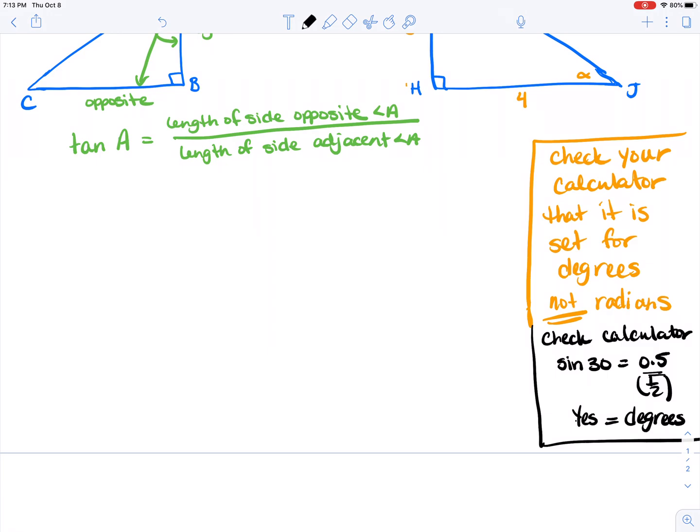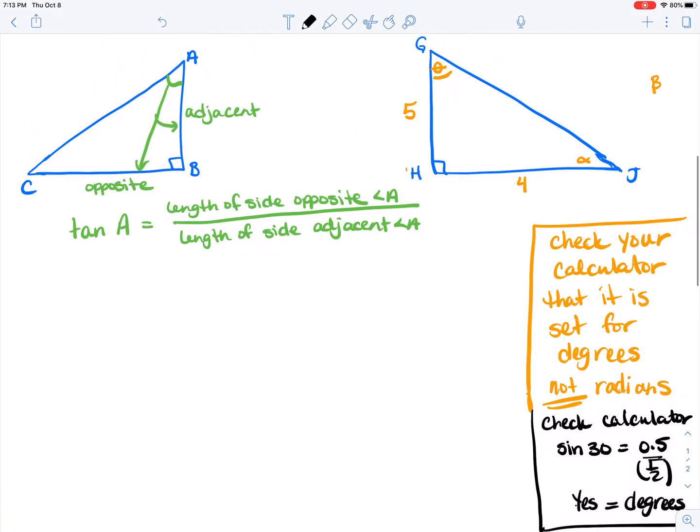Welcome back. You've set your calculator to degrees. Now let's actually work with GHJ right-angled triangle. Now, I know to find the tangent ratio for theta, or G, it's going to be my opposite, which is HJ, length, divided by the adjacent, which is GH.